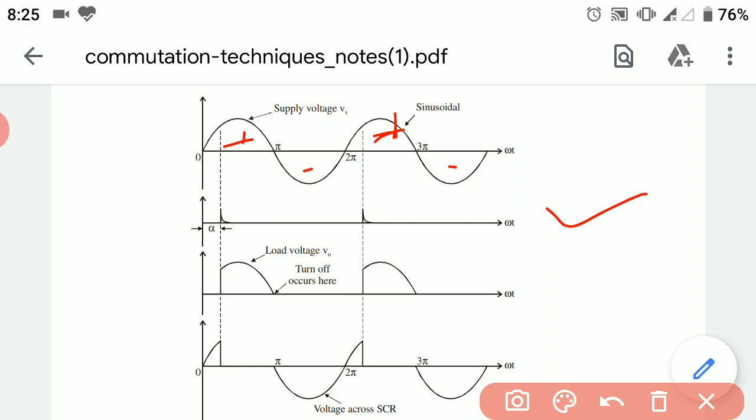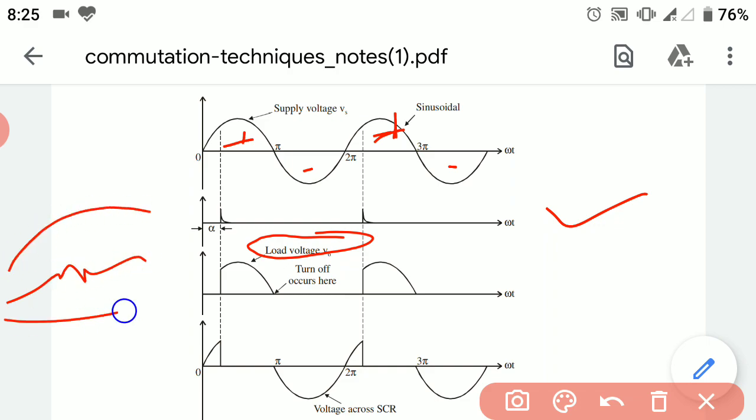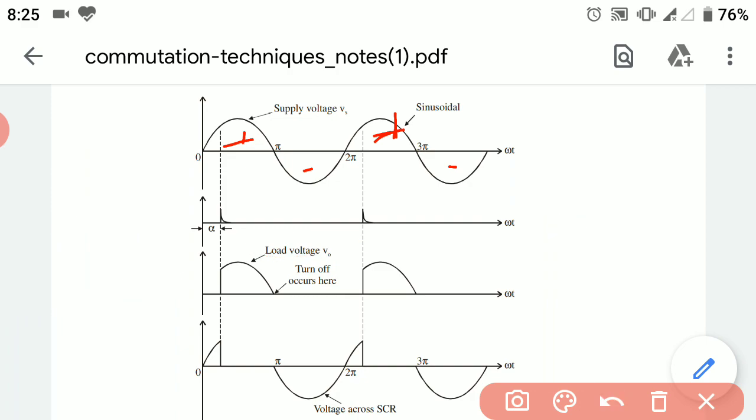Now the third diagram is the output voltage, that is, the voltage across the load. In this waveform, as you can observe, there is no voltage when there is a negative peak.